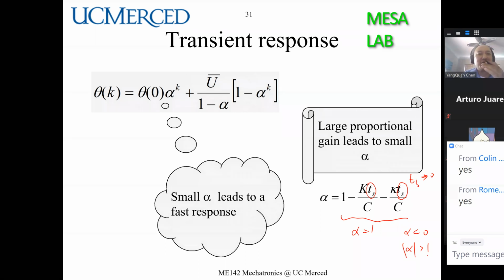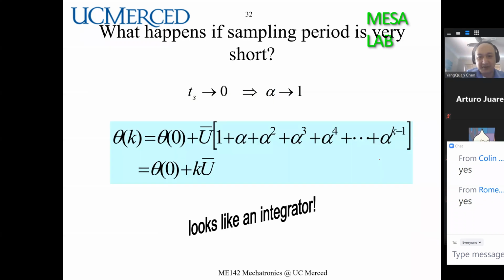If something greater than 1 is raised to the power k, then it's exploding, so it becomes unstable. So choosing a large proportional gain will make the alpha small. So it's a very interesting trade-off you can see here.